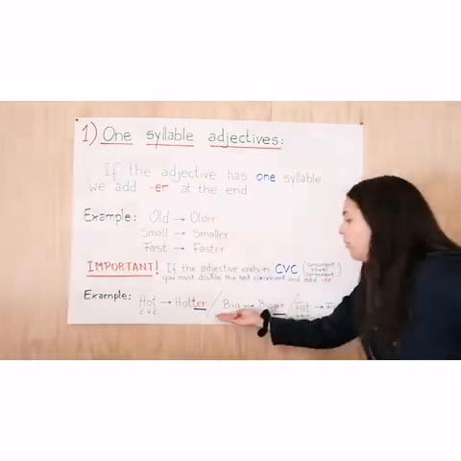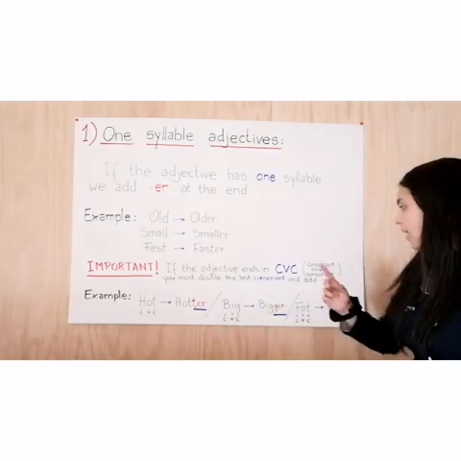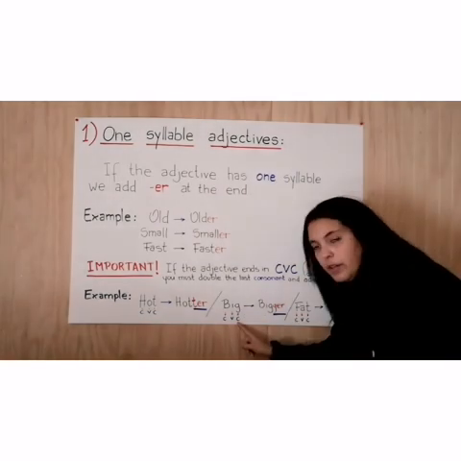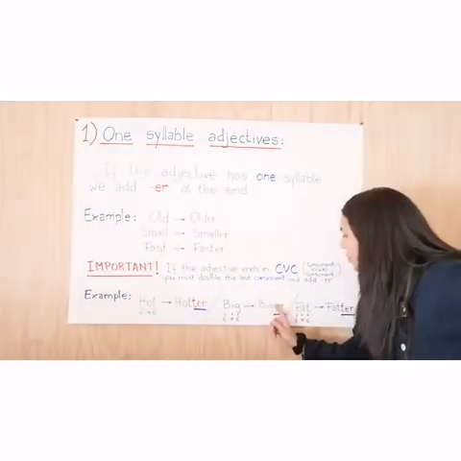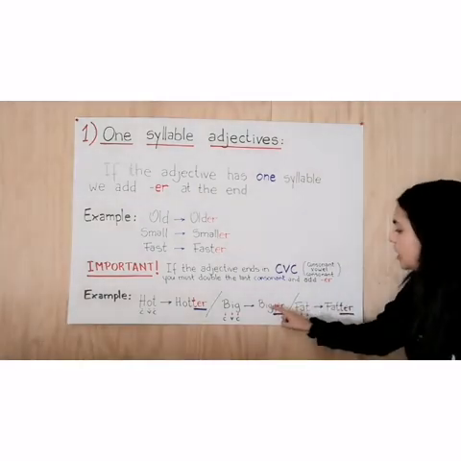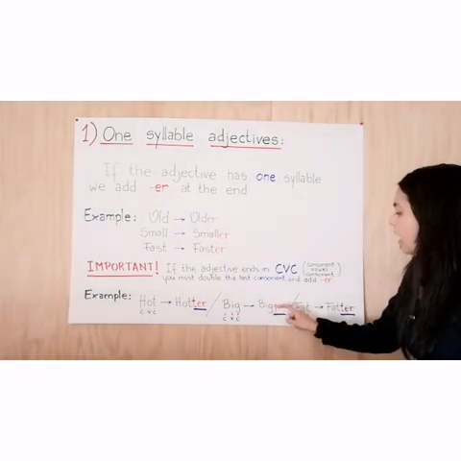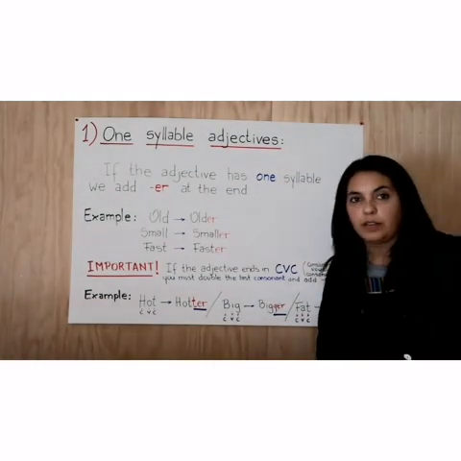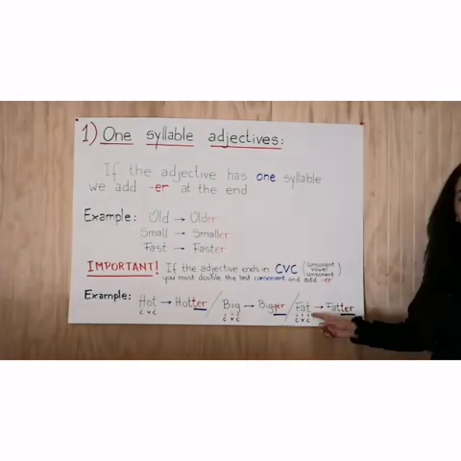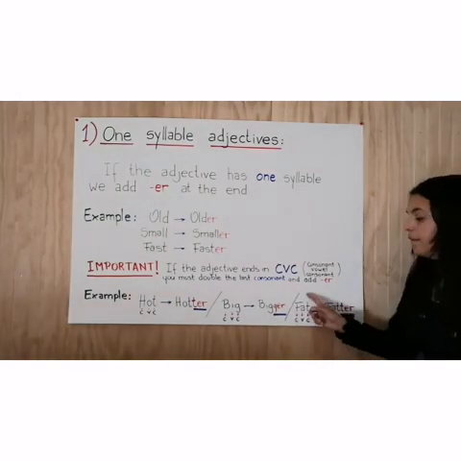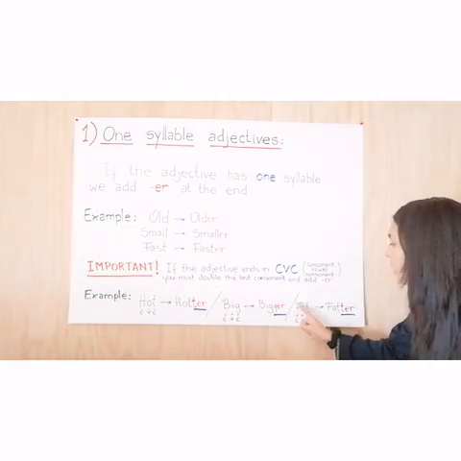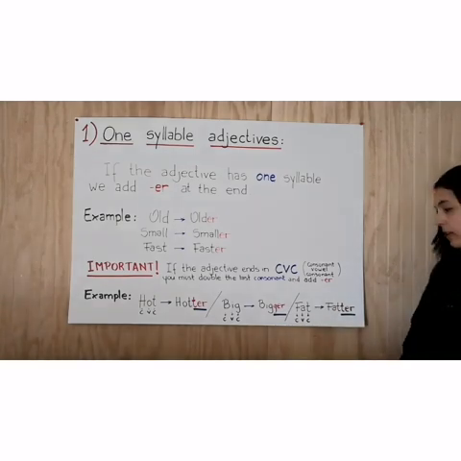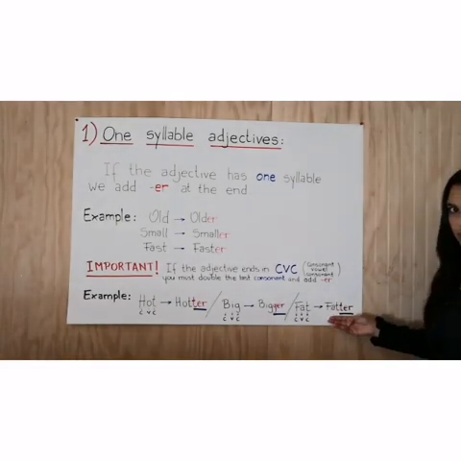Another example. Big. It has the CVC, consonant, vowel, consonant. So we double the last consonant, that is a G, double G, and er. So the result is bigger. And another example is fat. The F is a consonant, the A is a vowel, and the T is another consonant. So the result is fatter.